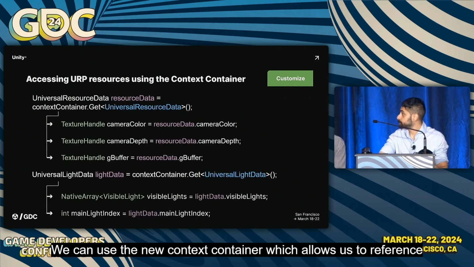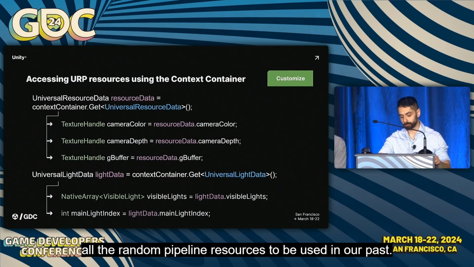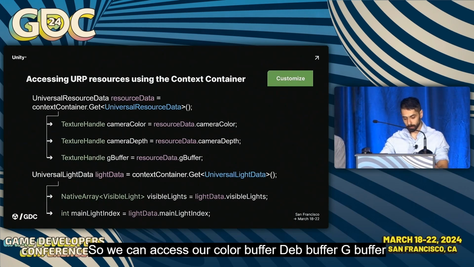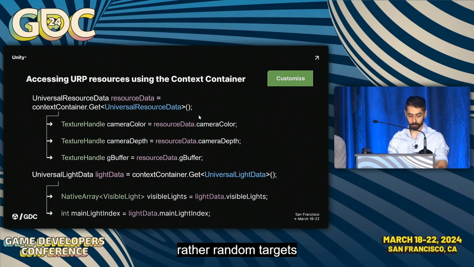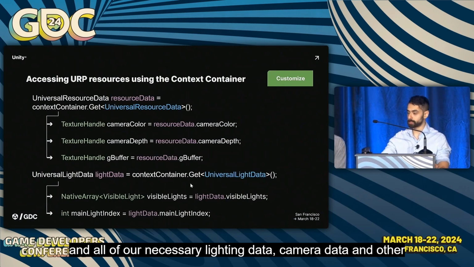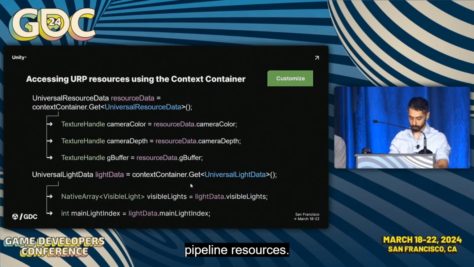To do this, we can use the new context container, which allows us to reference all the render pipeline resources to be used in our pass. So we can access our color buffer, depth buffer, G buffer, or other render targets, and all of our necessary lighting data, camera data, and other pipeline resources.